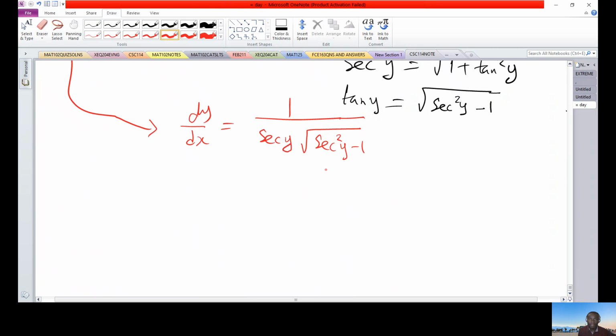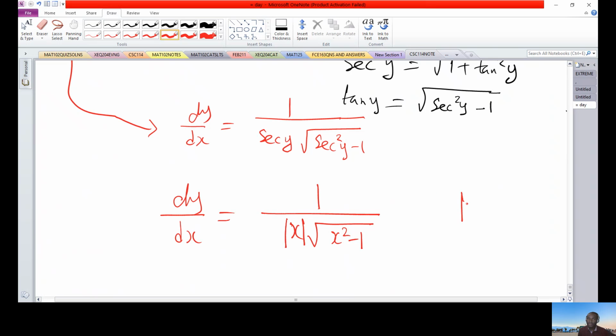So therefore, where the sec is, you put x, so dy/dx will be given by 1 over x and then square root of x squared minus 1. So yes, the absolute value of x. This happens when the absolute value of x must be greater than 1.